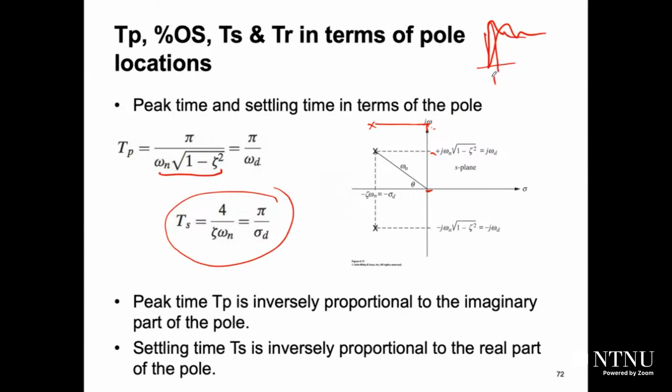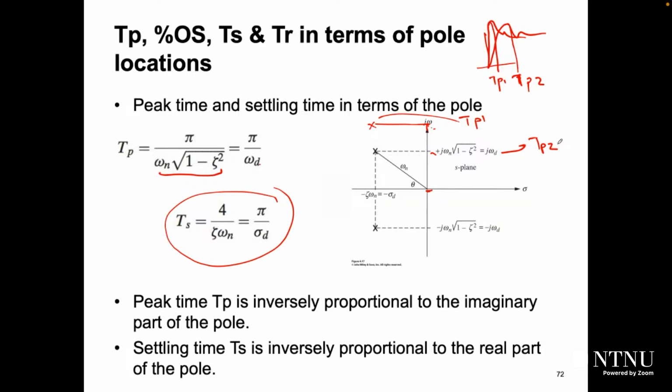We have two peak times, Tp1 and Tp2. This one will be Tp1 because it's faster, and this one will correspond to Tp2. Why? Because the peak time is pi divided by omega d. When omega d increases, Tp will decrease, and vice versa.